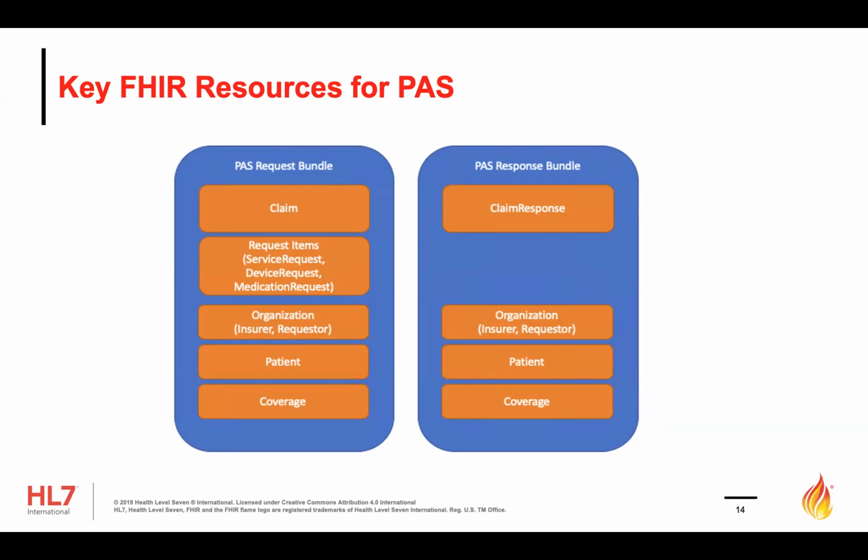So within the request bundle, you have a claim, you have a set of request items, and they can be service requests, device requests, or medication requests. There's also an organization, a patient resource, and coverage. And then in the response, there's the claim response, also the organization, patient, and coverage. And the IG stipulates that you're not supposed to duplicate any of the resources there. So there should be a single instance of them that are referenced within the bundle. Next slide.